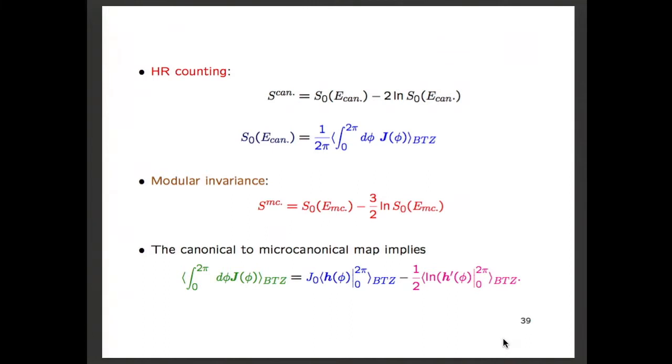So just to remind you again, the entropy in the canonical description is related to the expectation value of this J field on the BTZ state. This was the canonical description, or the Hardy-Ramanujan counting. And the modular invariance was in the microcanonical description with a factor of 3/2. And I can use this map and take the expectation value of both sides. And this is the extra piece that I need to compute.